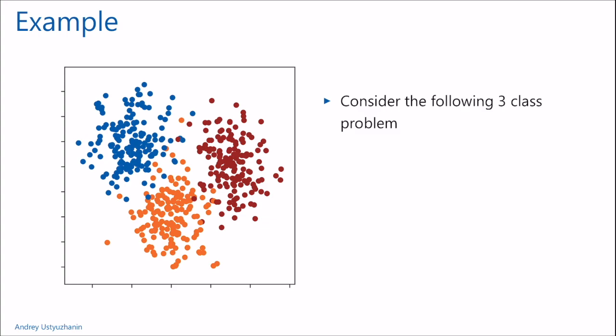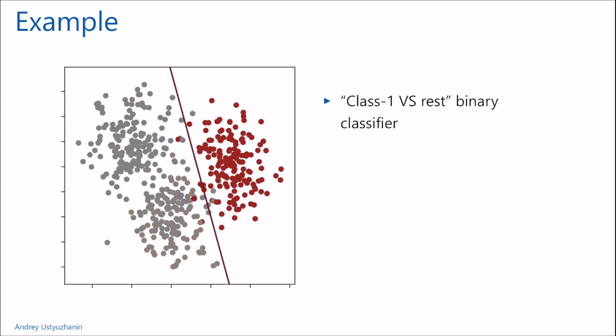A very intuitive example: when we have 3 classes, we would separate them by eye into something like this. But if we solve it using the logistic regression approach, for class 1 versus the rest, it would be a boundary like this. For class 2 versus the rest, it would be this boundary, and this boundary for the third class.